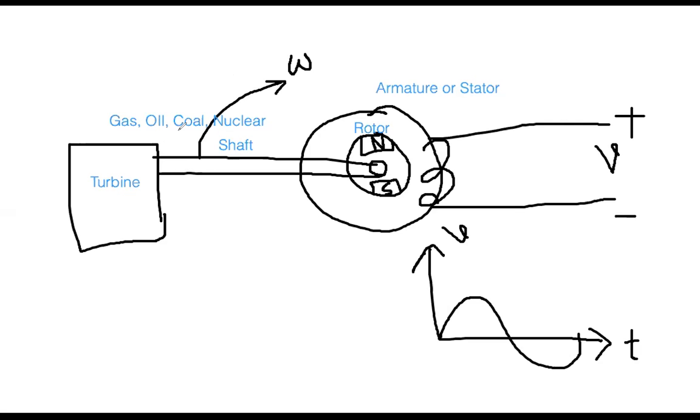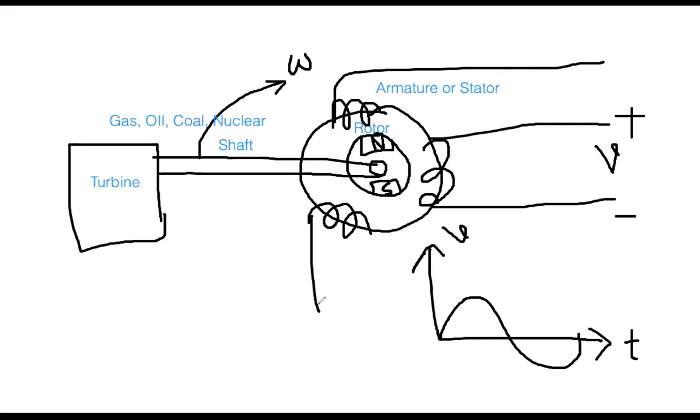This means you are spending money to make this rotation, because you must rotate. Otherwise, there will not be any voltage. So what is wrong if I place another set of coil here?